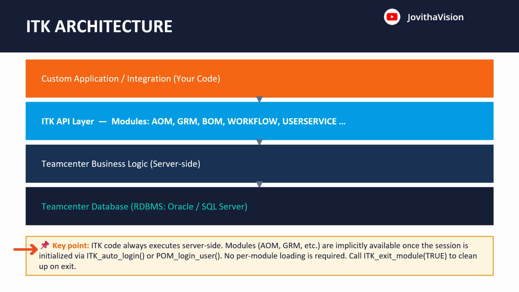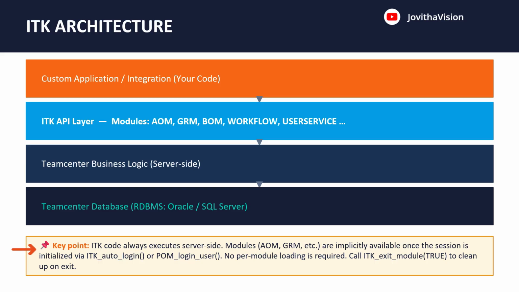Now, the key point I want to highlight here is you don't need to individually load or initialize each module before using it. ITK modules like AOM, GRM, BOM are implicitly available once your session is initialized.